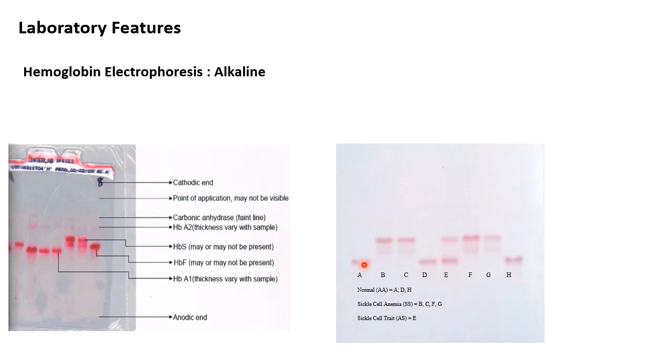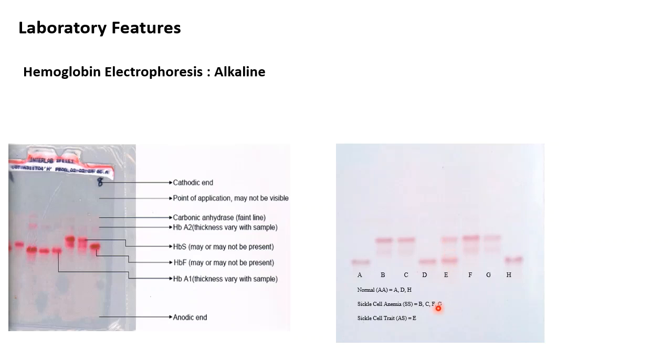So the individuals A, D, and H are normal AA individuals. Individuals B, C, F, and G, which have sickle and HbF, are sickle cell anemia cases, while this individual E, which has an A band and an S band, is a sickle cell trait, that is AS.